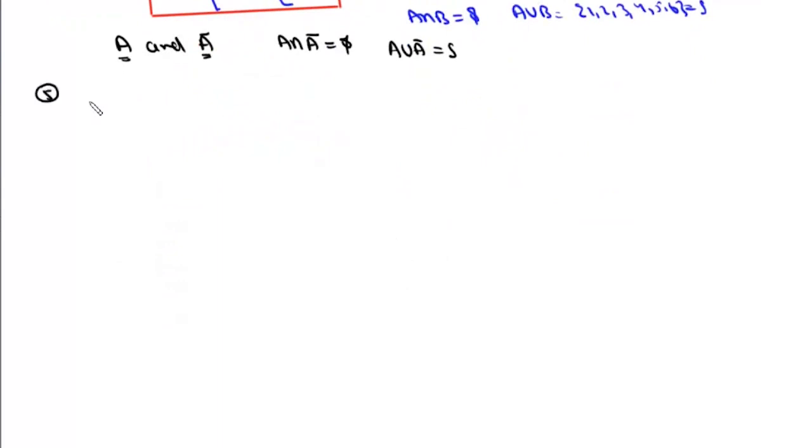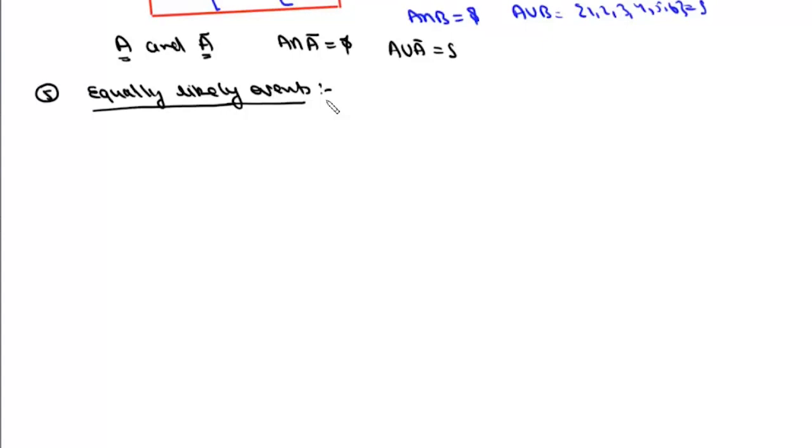Now the fifth one is equally likely events. Events of a random experiment are said to be equally likely if all the events have the same number of elements.